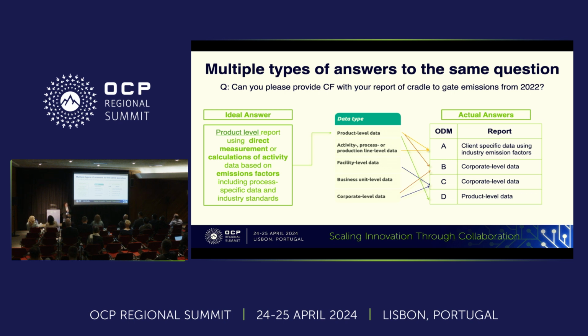And some ODMs won't share the product level report. Some will only share their CSR report that talks about the whole company without even knowing what the whole company does. Probably it's a company that attacks multiple industries at the same time. And then, is that meaningful to me or not?